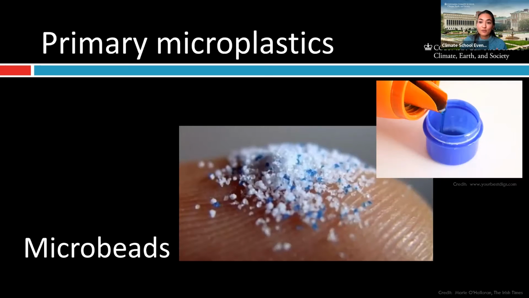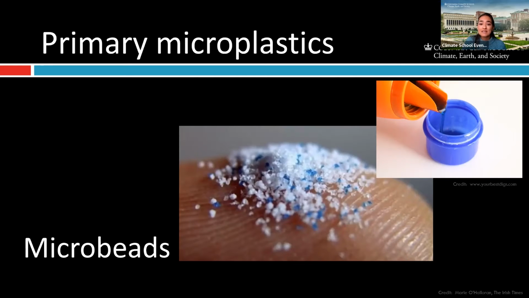But thank you to the Microbead-Free Waters Act of 2015, this banned microbeads being used in any cosmetic products starting in 2017. So this is really great. This means that we can't unknowingly go buy toothpaste that accidentally has microplastics in it that we could be ingesting, that could be going into our environment.